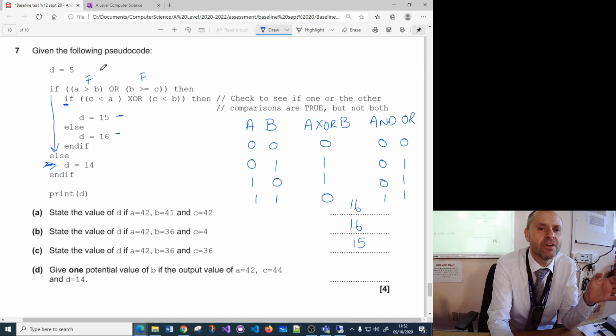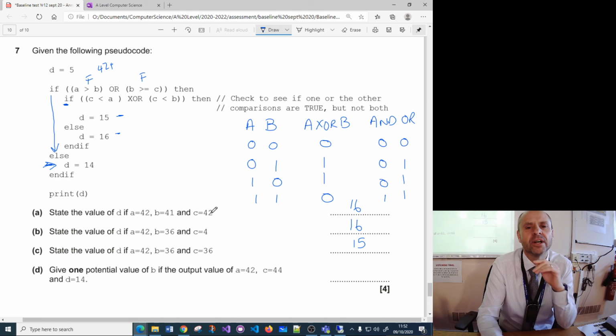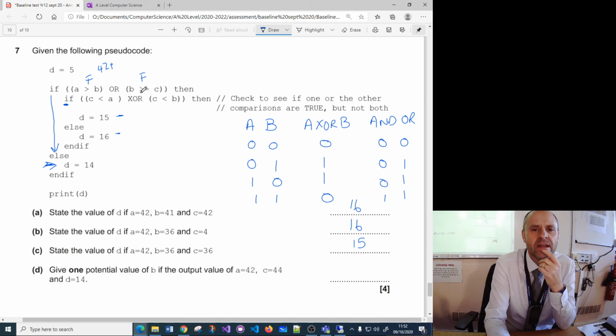Yeah, so I'm going to write here, I'm going to say 42 plus, I don't know what value yet. Right, looking at the second one, B has got to be greater than or equal to C. What was C? 44. So what would be a suitable value that's going to make that false? Can't be 42, can it?